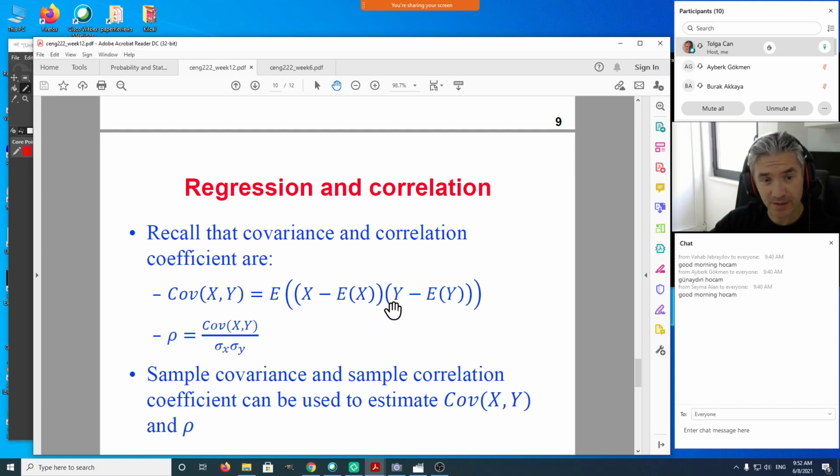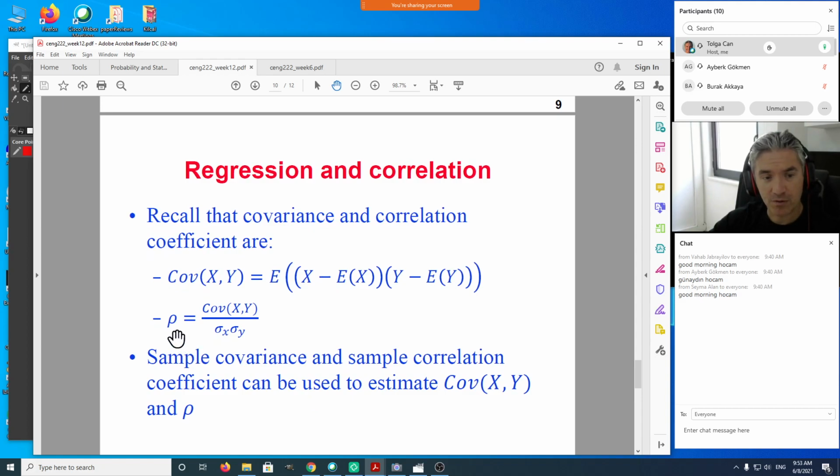Not independent, it doesn't show that. If they were independent, the correlation coefficient would be 0. So it shows how two variables are correlated with each other. The sample correlation coefficient is indicated by R, whereas this is rho, the Greek letter.